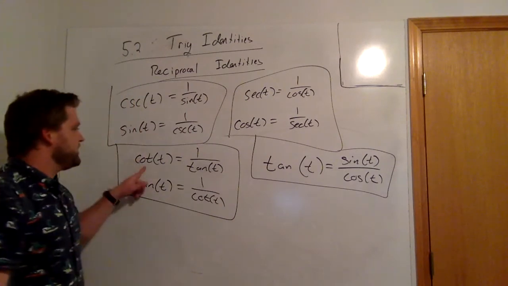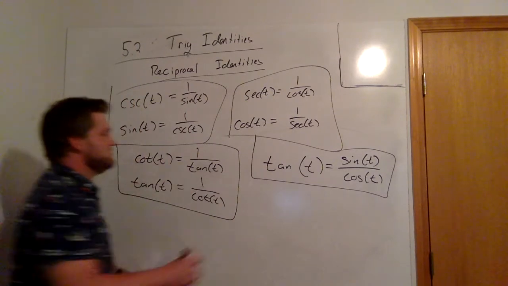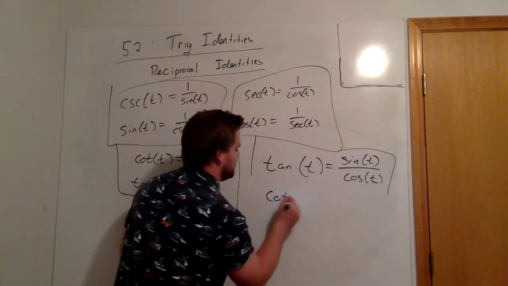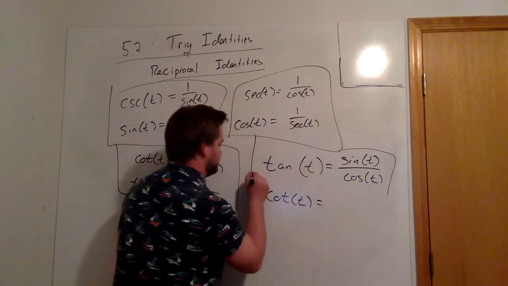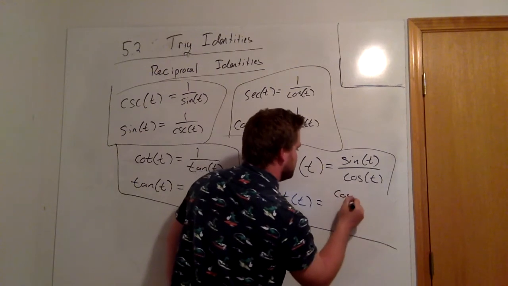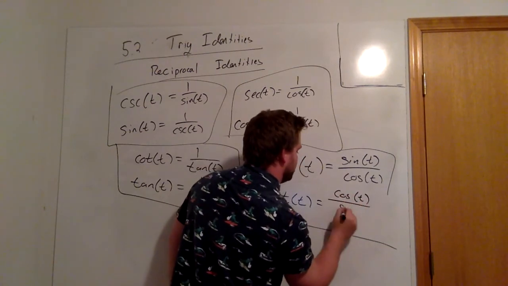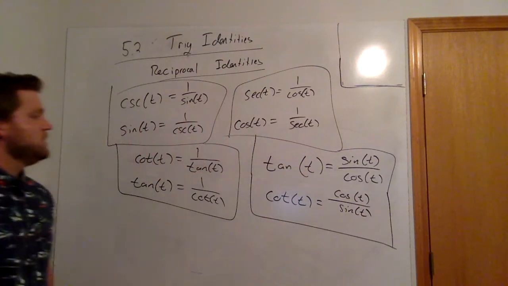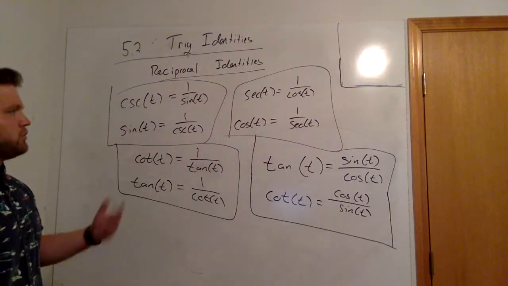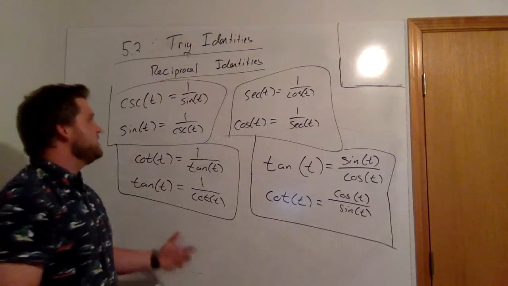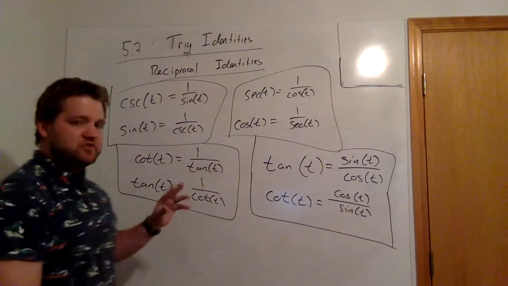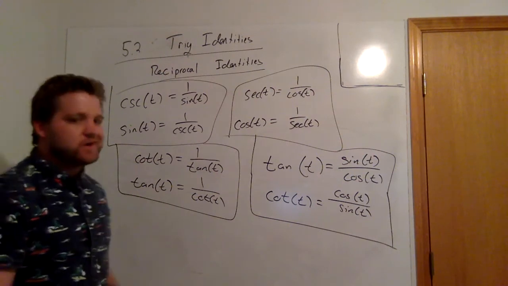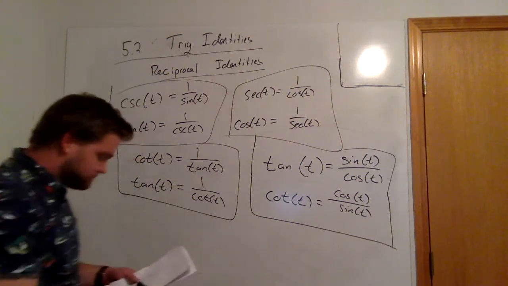Since cotangent is the reciprocal of tangent, cotangent of t is the same as cosine of t over the sine of t. So these are the reciprocal identities, and what's great is we can write any trig function in terms of sines and cosines. It's something very useful to keep in our mathematical tool belt.